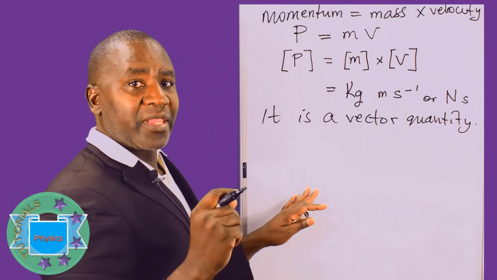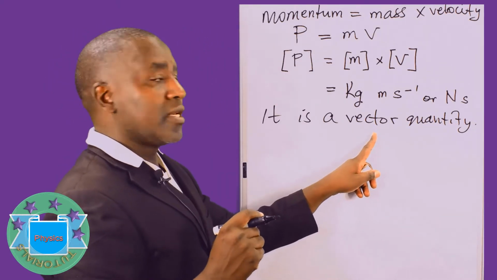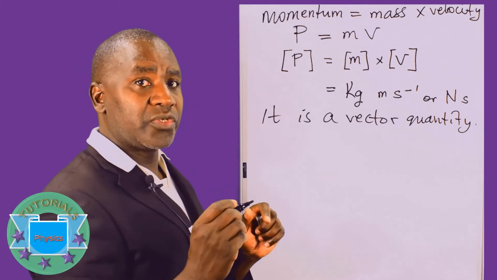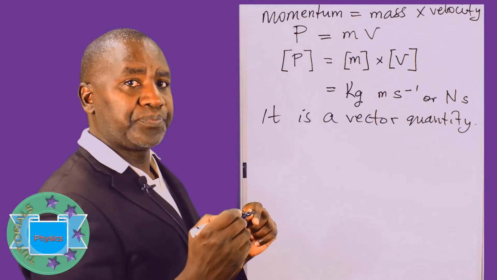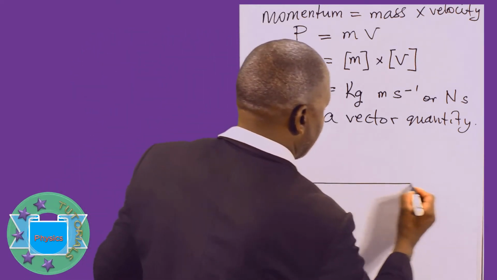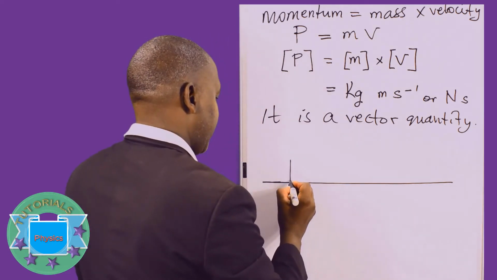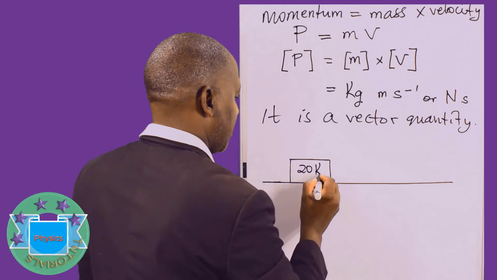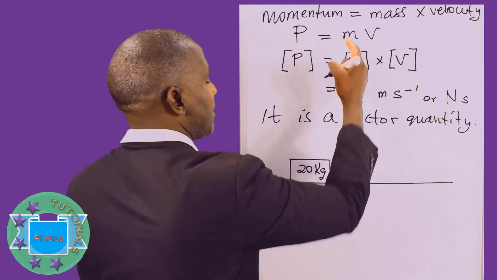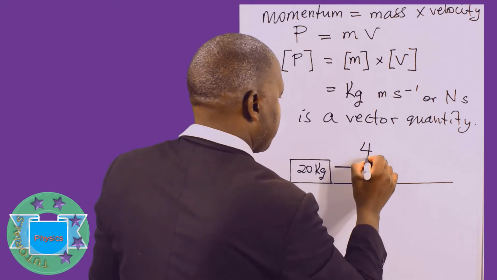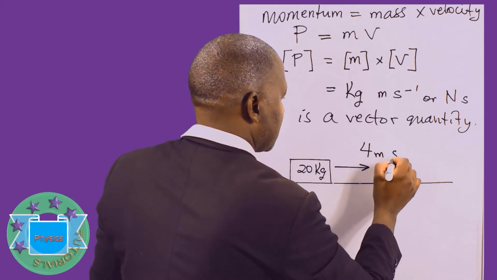And you should remember that a vector is a physical quantity which has got both magnitude and direction. For example, let's assume that this one is a horizontal surface and we've got a mass here of 20 kilograms. That is a mass. It's moving to the right with a velocity of 4 meters per second.